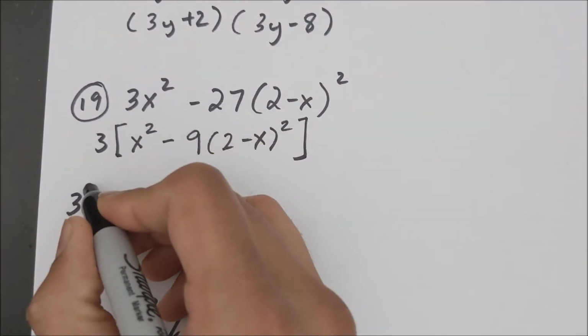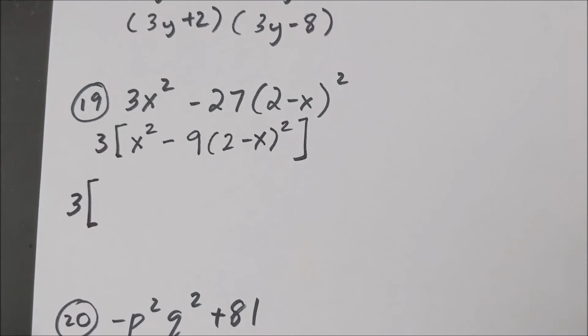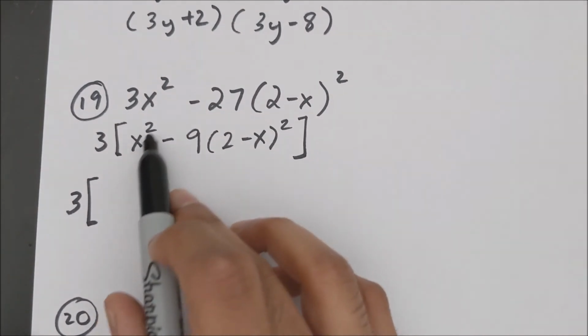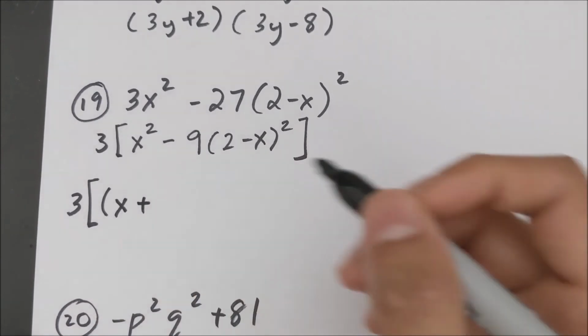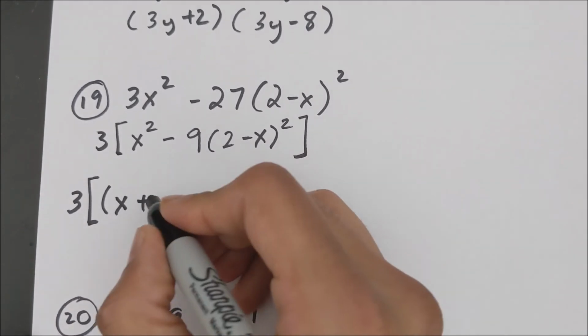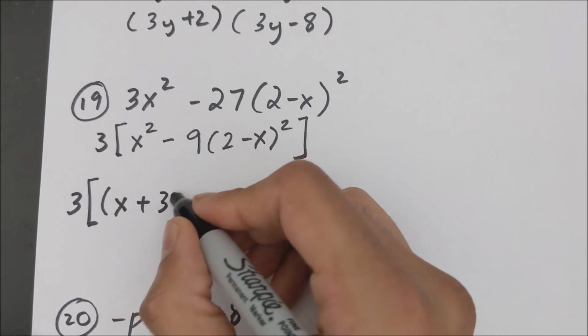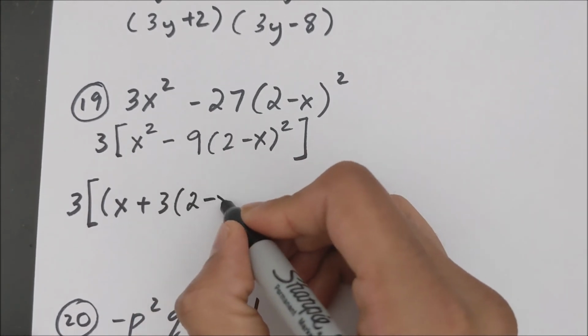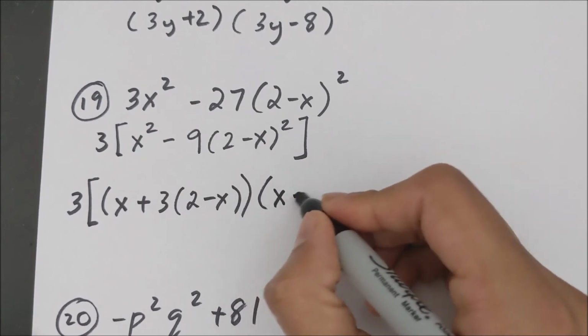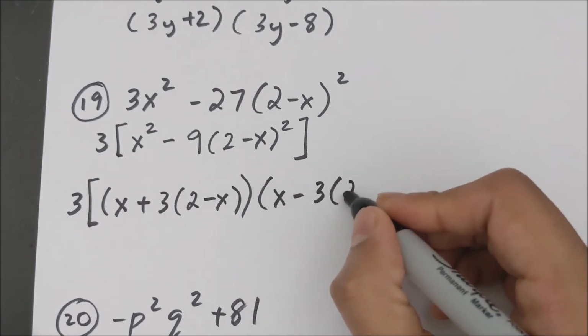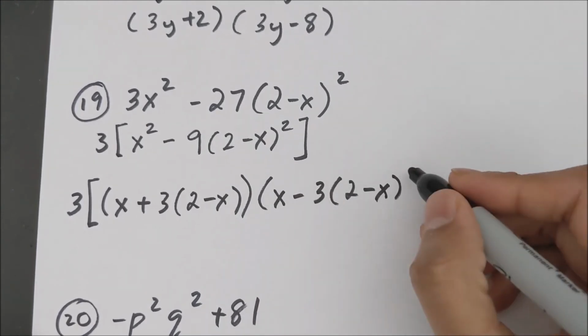So again, I'll write my 3, I'll put my big square bracket. The square root of x squared is just x. I'll put a plus. The square root of 9 is 3, and the square root of (2 minus x) squared is 2 minus x. And then it's just x minus 3, 2 minus x.